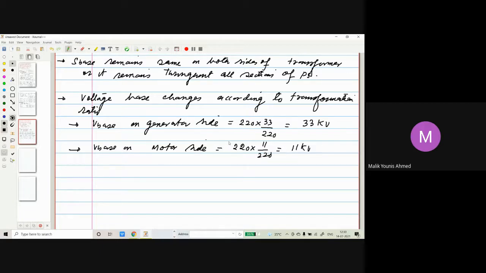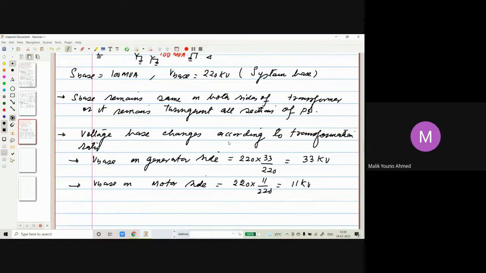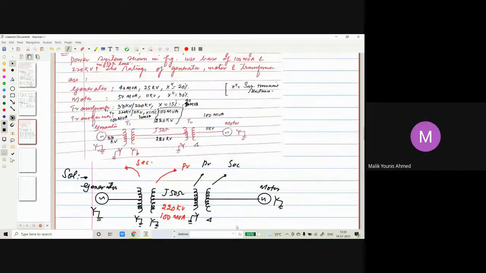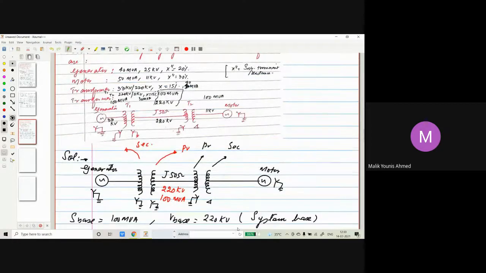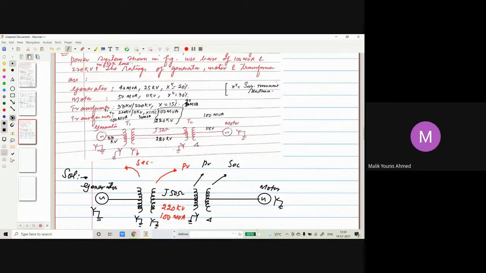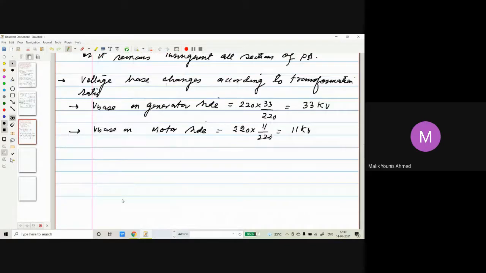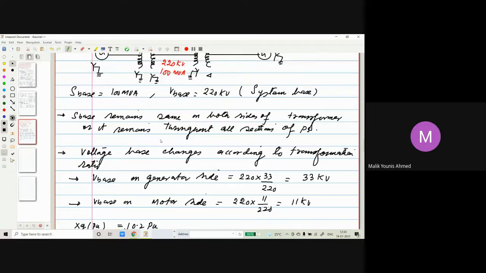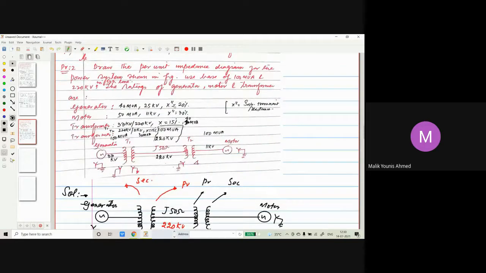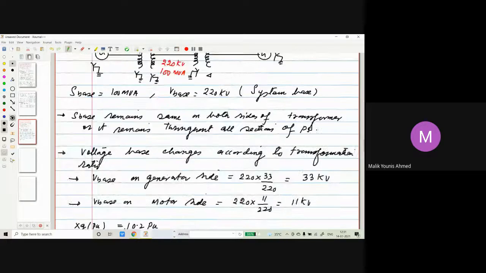So next, I will write all the old ratings. XG in per unit has been given as j0.2 per unit. It is given as the old value here. See, for the generator 20%, for the motor 30%, for the transformer 15%.